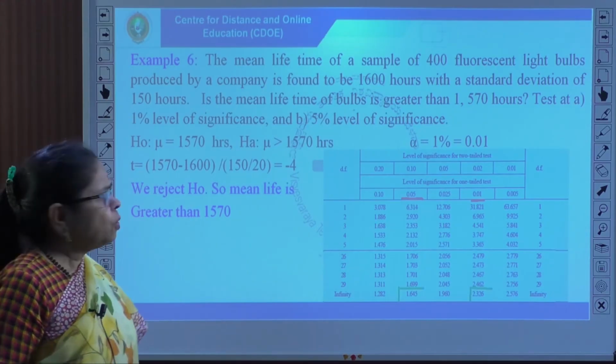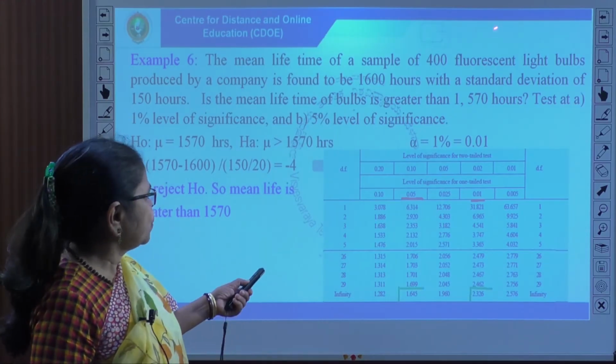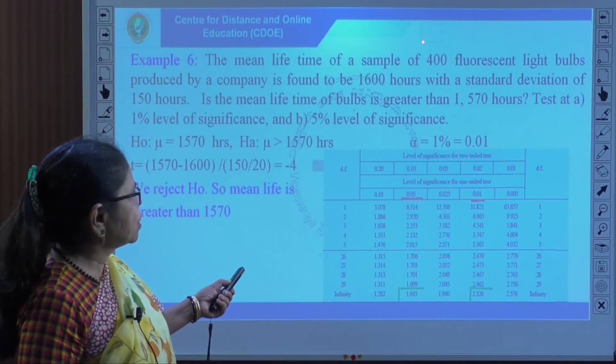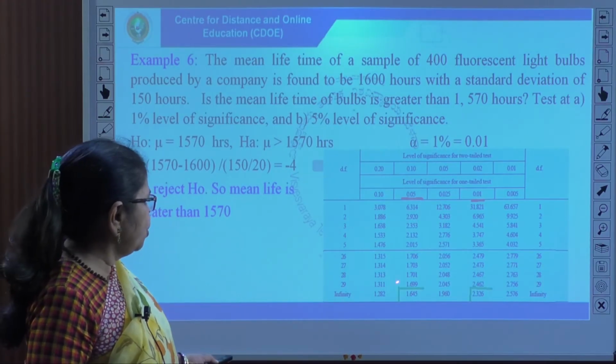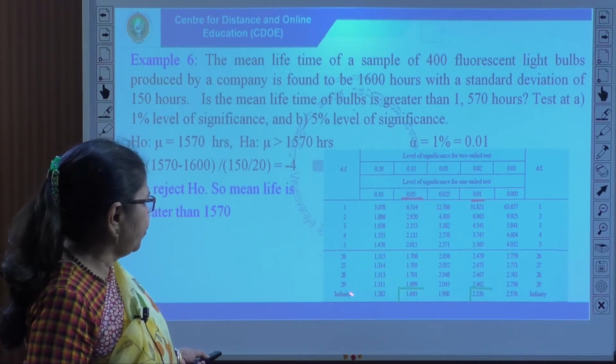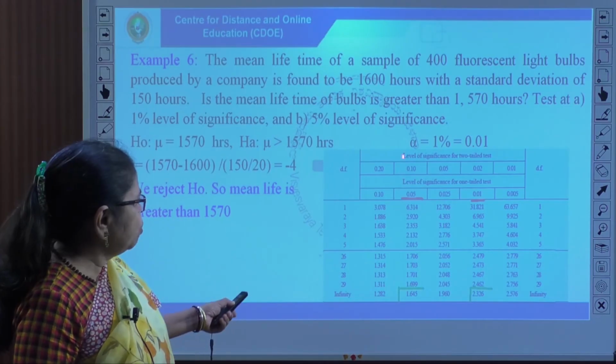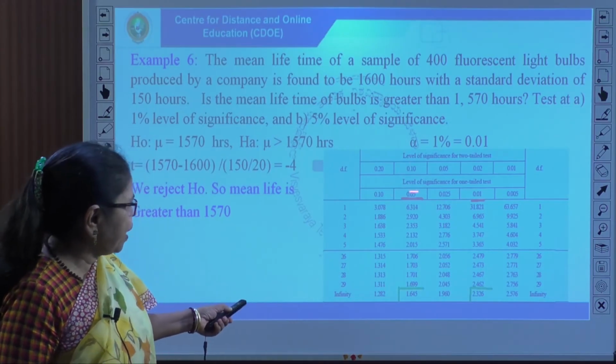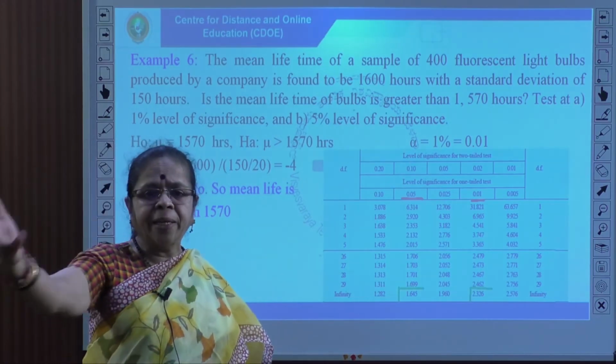Okay. Now, since 400 is quite large, I use the value corresponding to infinity, and I will use one tailed because I want greater than only.